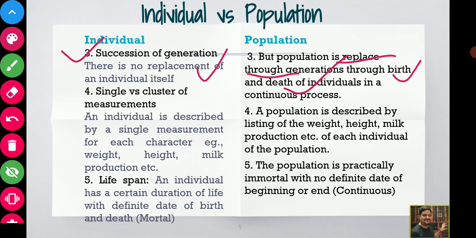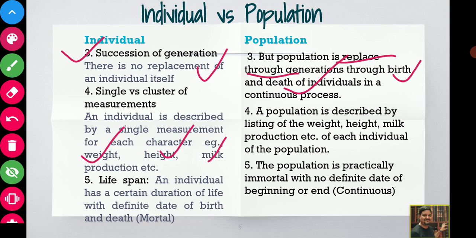Another characteristic is single versus cluster of measurements. When we are talking about an individual, the individual is described in terms of a single measurement, either the weight of an animal, height of an animal, or milk yield of an animal. Whereas a population you define by taking a list of such measurements. If you see the list of such measurements, you will be confused or will not get an idea.